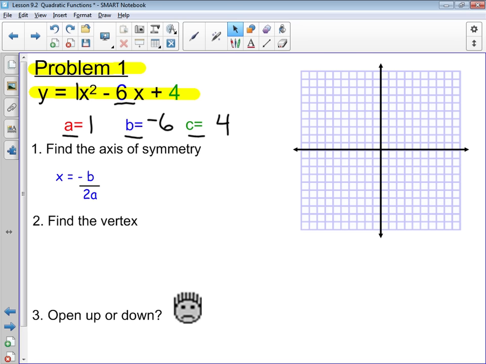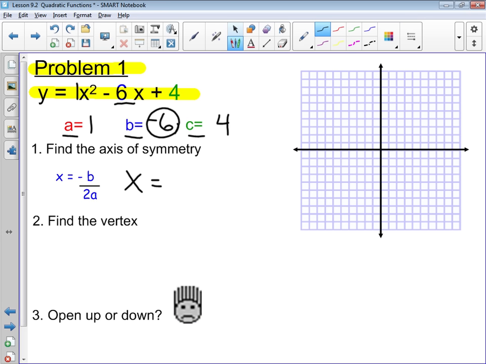So step 1 is to write x equals negative b. Now in this case b is negative 6, so negative b would be negative negative 6, or positive 6, over 2 times a. 2, and in this case a is 1. So the axis of symmetry is 6 over 2, which equals 3.